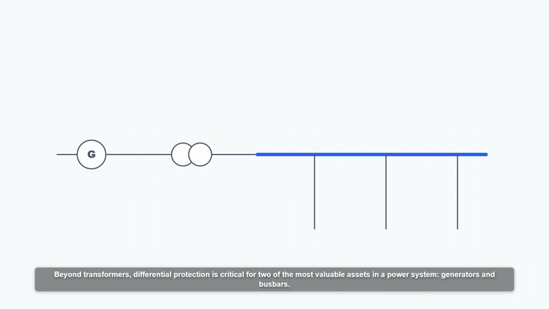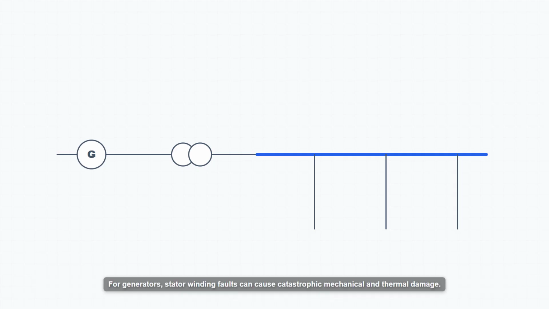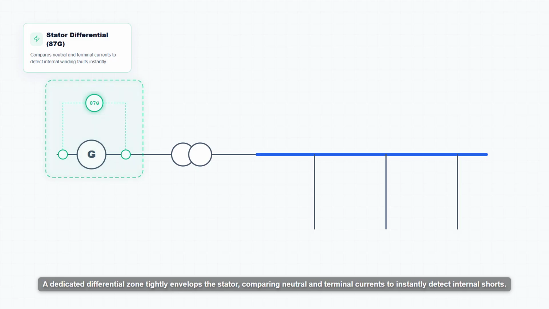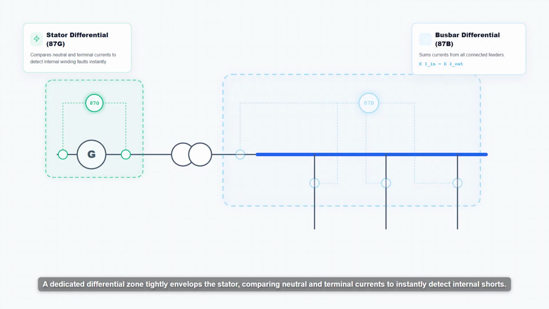Beyond transformers, differential protection is critical for two of the most valuable assets in a power system: generators and busbars. For generators, stator winding faults can cause catastrophic mechanical and thermal damage. A dedicated differential zone tightly envelops the stator, comparing neutral and terminal currents to instantly detect internal shorts.